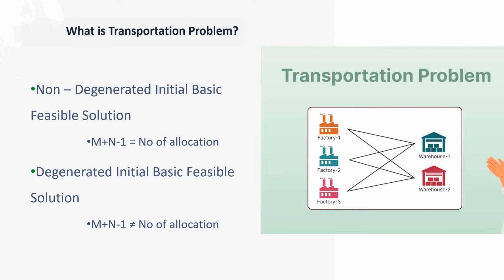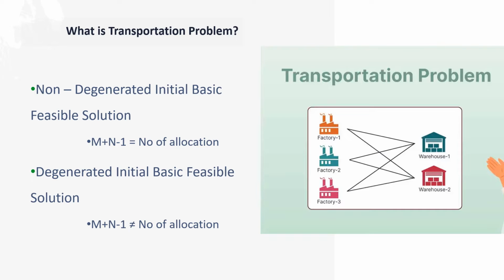So if m plus n minus 1 equals the total number of allocations, then the solution is what we call a non-degenerate initial basic feasible solution. In case m plus n minus 1 is not equal to the total number of allocations, it is a degenerate initial basic feasible solution. We should always have a non-degenerate initial basic feasible solution.